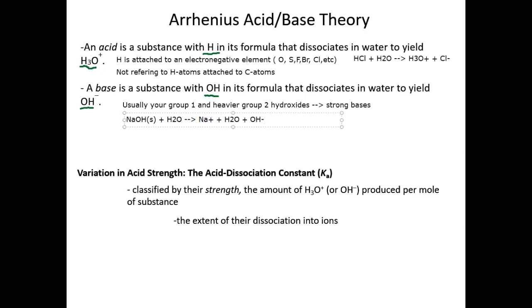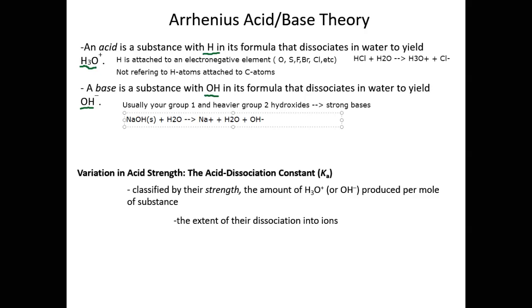Now the way we categorize acids and bases is based on their strength. For an acid, it's referred to as the acid dissociation constant. The acid dissociation constant tells you how much H3O plus is produced per mole of that substance. And if you're referring to a base, it would be the Kb, which is how many hydroxide ions are produced per mole of substance.